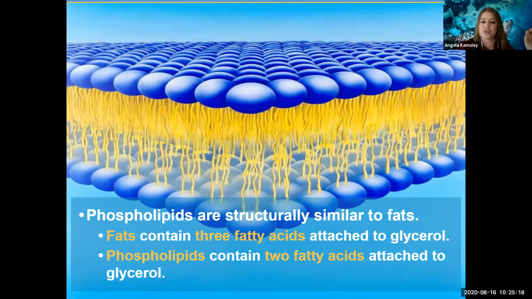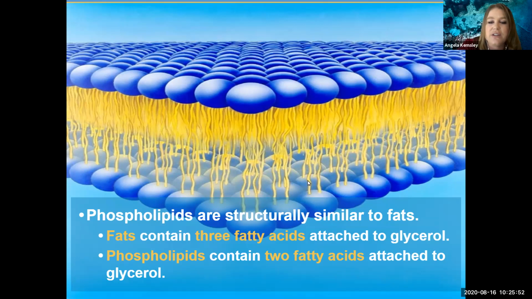Phospholipids are structurally similar to fats, where fats contain those 3 fatty acid tails attached to a glycerol. Phospholipids contain 2 fatty acid tails attached to a glycerol. If you take a look at the image here, each blue piece is the glycerol. That's the phospholipid head, as we refer to it. If you take a look at the bottom, you'll notice that unlike fats that had those 3 fatty acid tails, our phospholipids here have 2.